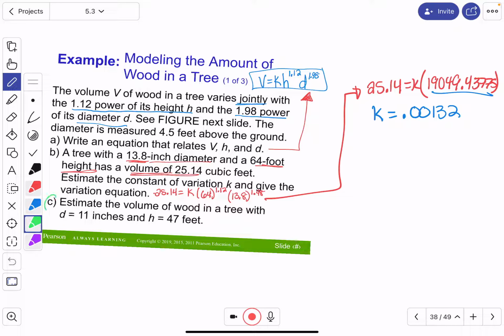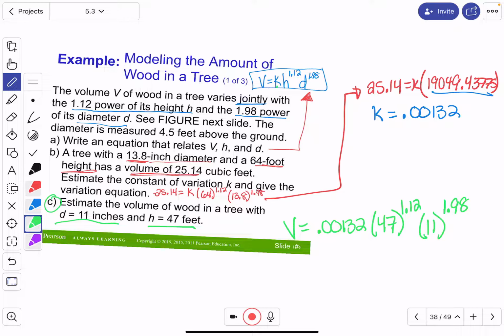Now, we want to estimate the volume when we're given a diameter and a height. So volume equals, but instead of K, we're going to put 0.00132. H is 47, and that's to the 1.12 power. D is 11, and that's to the 1.98.